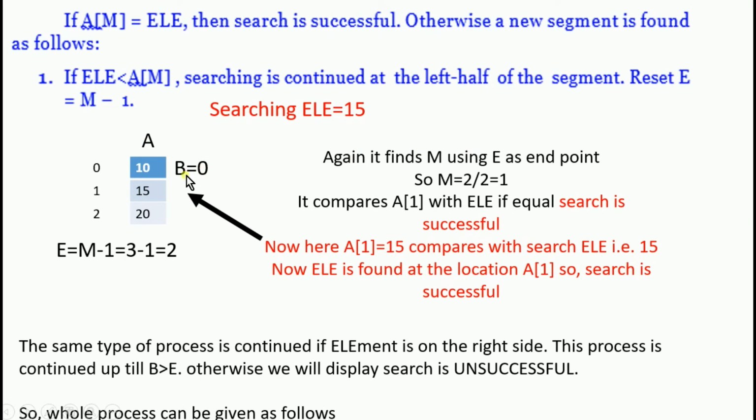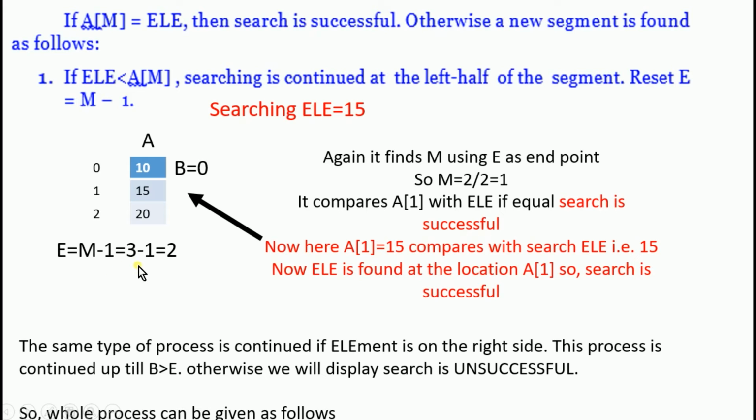So now there are only 3 elements, since the right part is truncated. If the element is less than A of M, searching continues in the left half of the segment by resetting E as M minus 1.